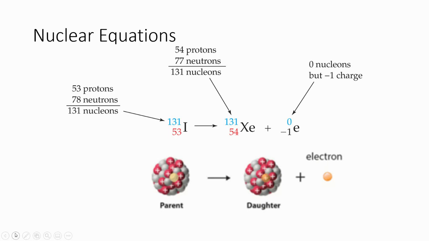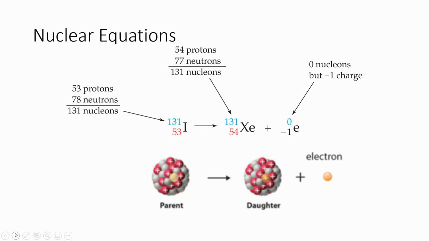And so I think where I want to start today is just a brief look at what a nuclear equation looks like and how it's different than your typical chemical equation. In a nuclear equation, instead of talking about products and reactants, we usually will discuss parent and daughter isotopes.